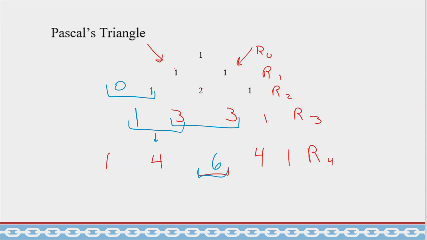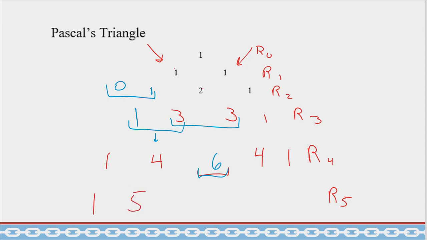What I would like for you to do now is build row 5. So pause the video, build row 5, and then unpause to check your work. So for row 5, I know I'm going to have a 1 on the edge, and then I can just add those two above. 1 plus 4 is 5.